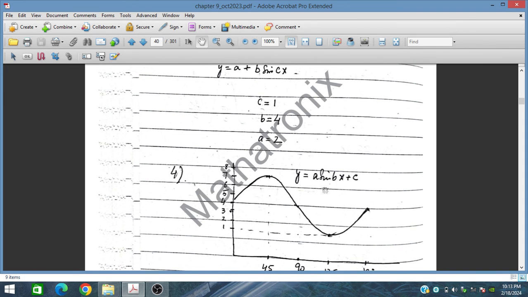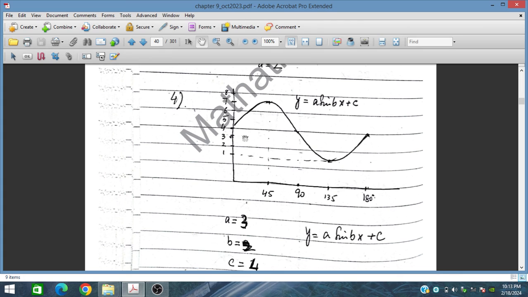Similarly for this one, we have shifted it to 4, so this C value is 4, and the difference between 7 and 4 is 3, so this A is 3. Since in 180 degrees we have a complete signal, this is 2, because a complete sinusoid normally takes 360 degrees.